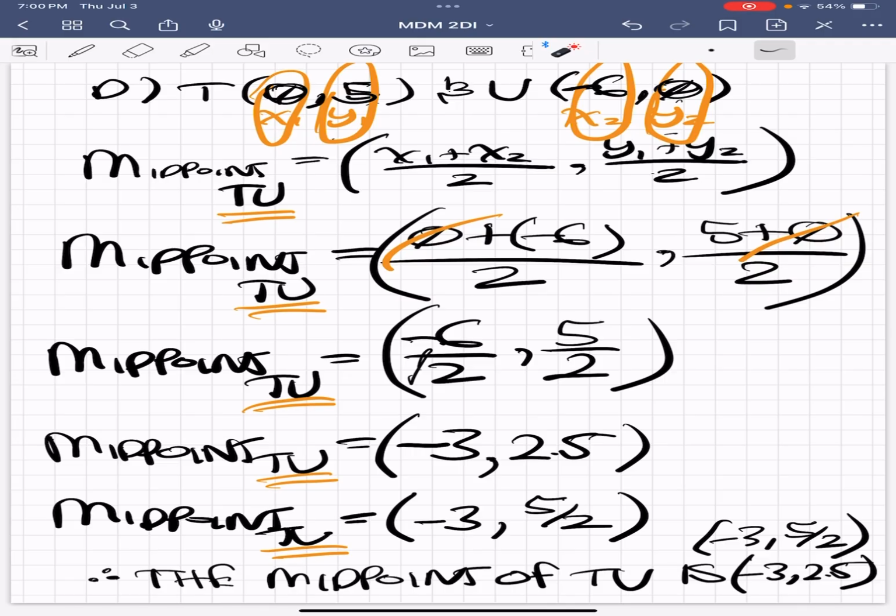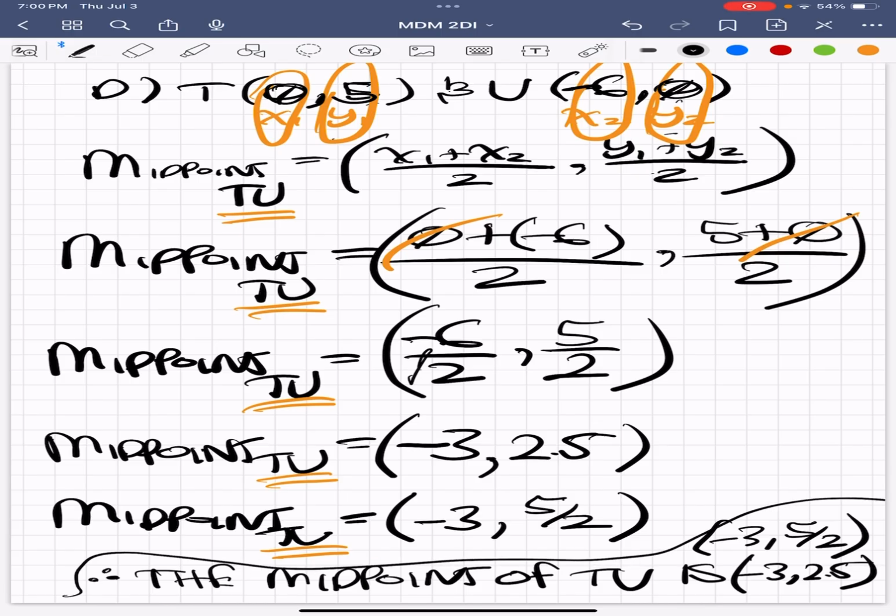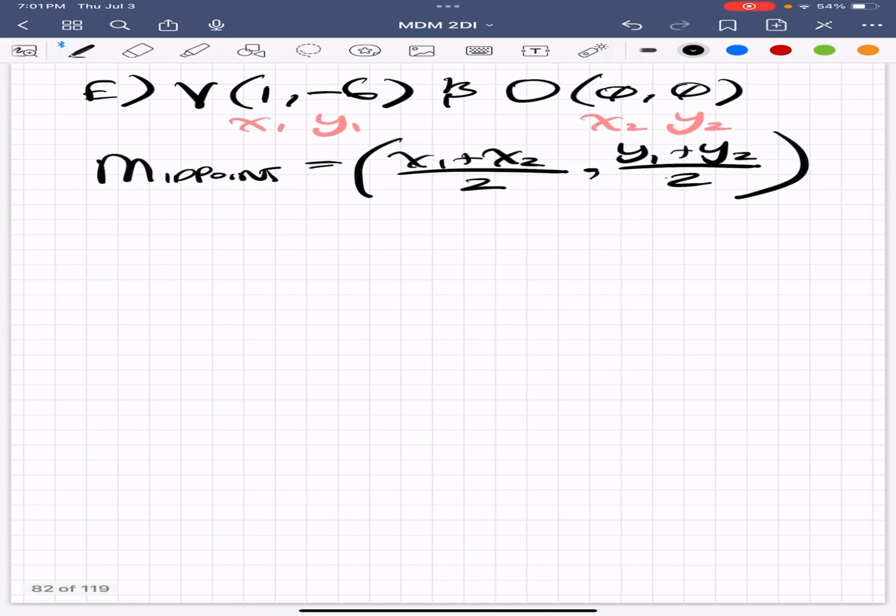And then we have our midpoint calculated, so we're going to circle our therefore statement just so we don't forget. The midpoint of T and U is in brackets -3 and comma 2.5.